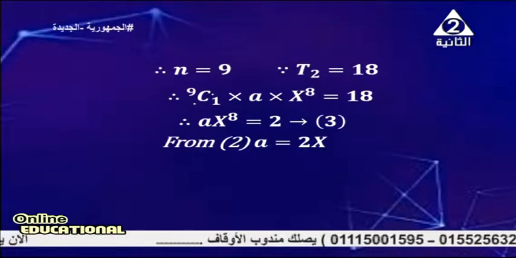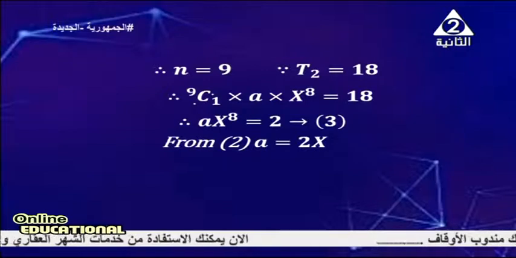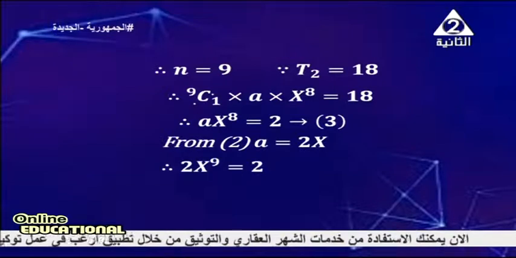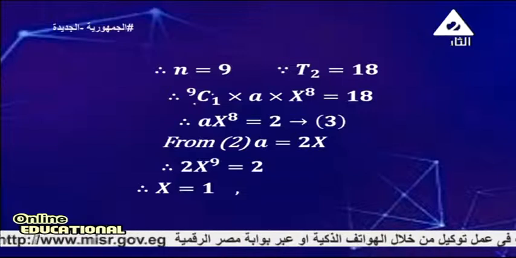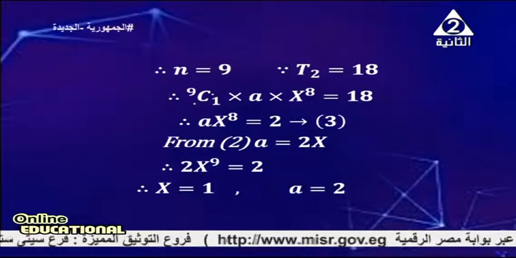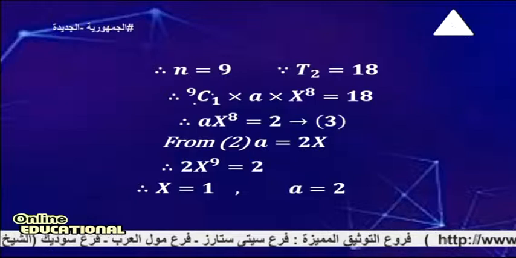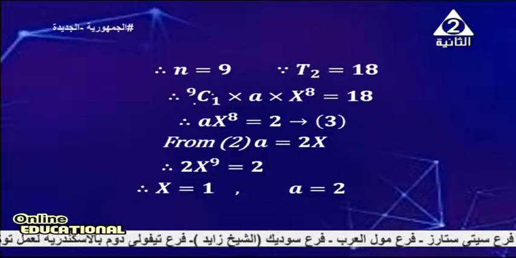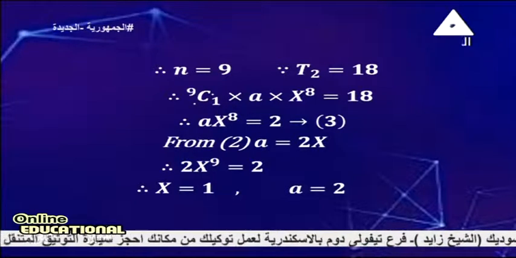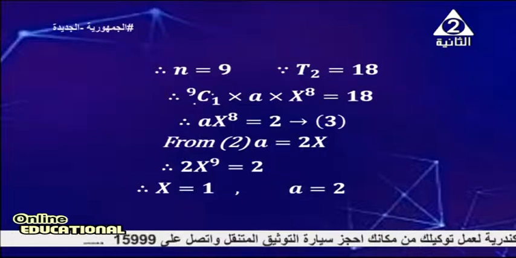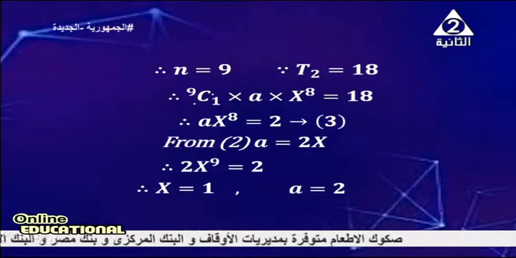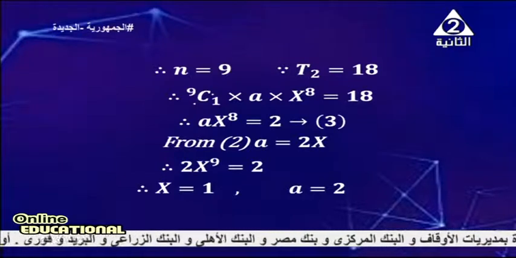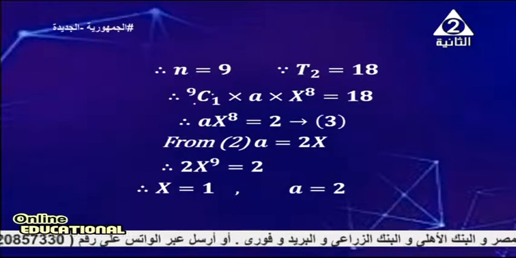From equation 2, a equals x, therefore x to the power 9 equals 1, or x equals 1. And with x equals 1, we know that a equals 2x. Therefore, a equals 2. So n equals 9, x equals 1, a equals 2.